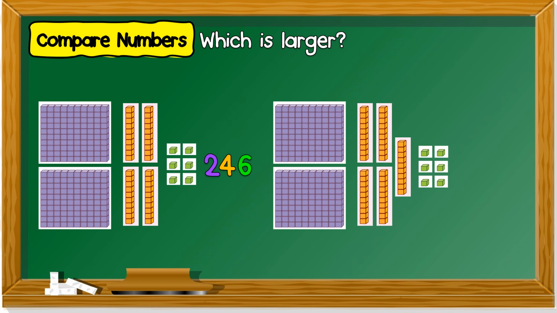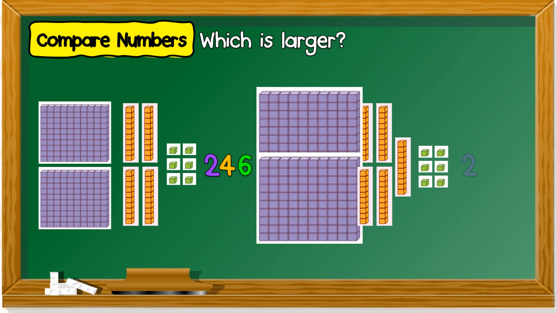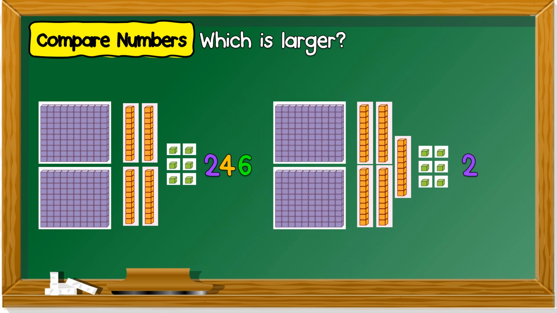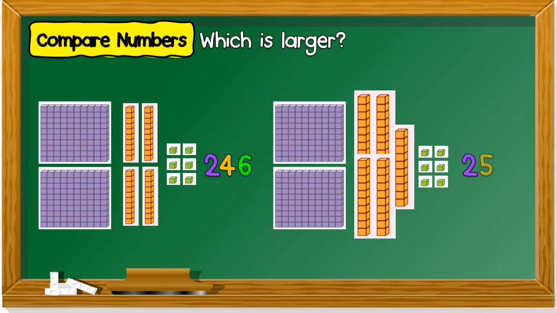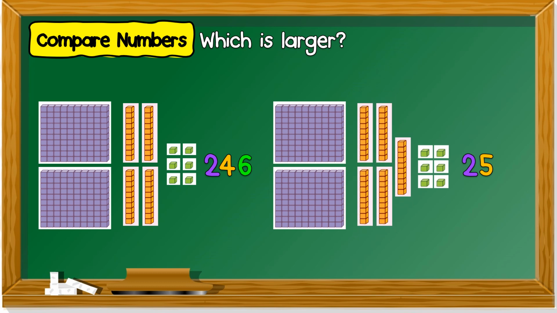The one on the right, how many blocks of hundreds? 2. Tens? 5. Ones? 6. So it's 256. We compare these two numbers.